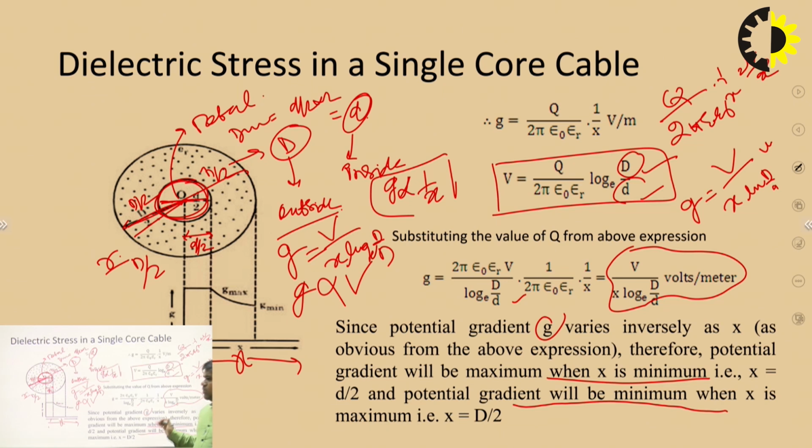This question may be asked as a multiple choice question or a short question in AKTU or other competitive examinations, and for the conventional paper. This establishes the relationship between the potential gradient G and the distance x for dielectric stress in a single core cable. This may be asked in an interview also. The major point is the inverse proportionality between G and x.